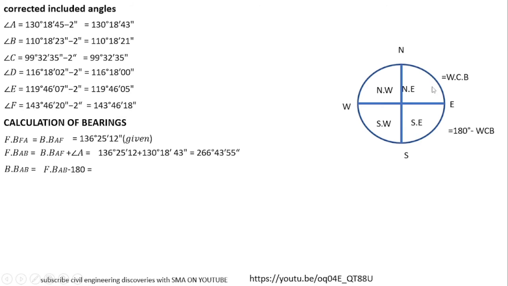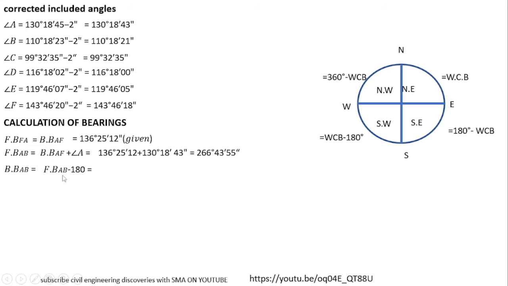The first quadrant, from northeast, is from 0 to 90, the second is from 90 to 180, the third quadrant, from SW, is from 180 to 270, and the fourth quadrant, from WN, is from 270 to 360.